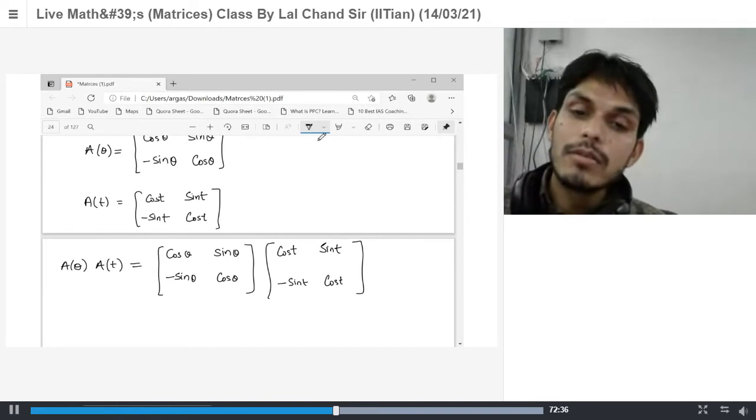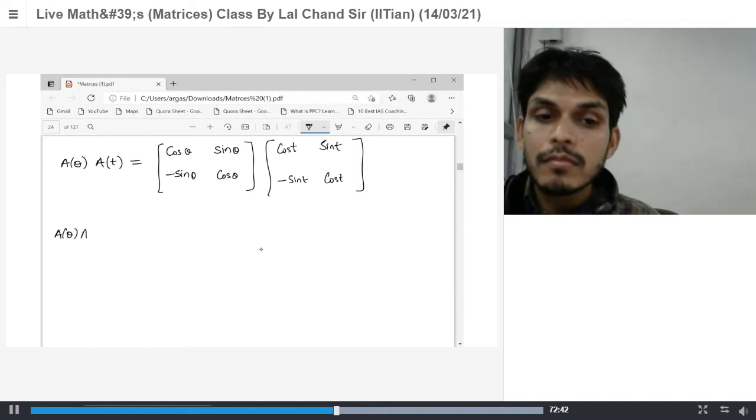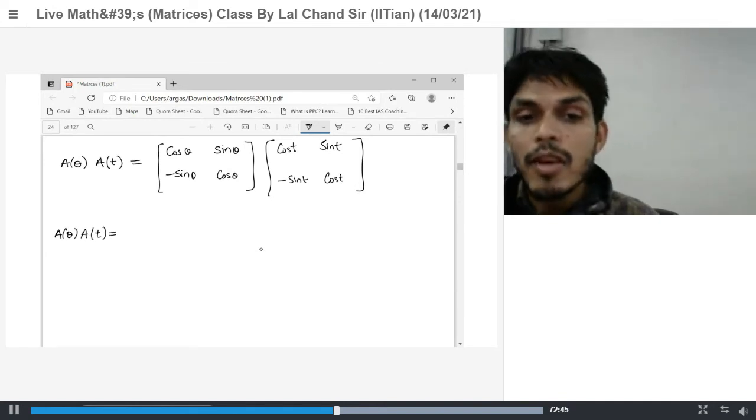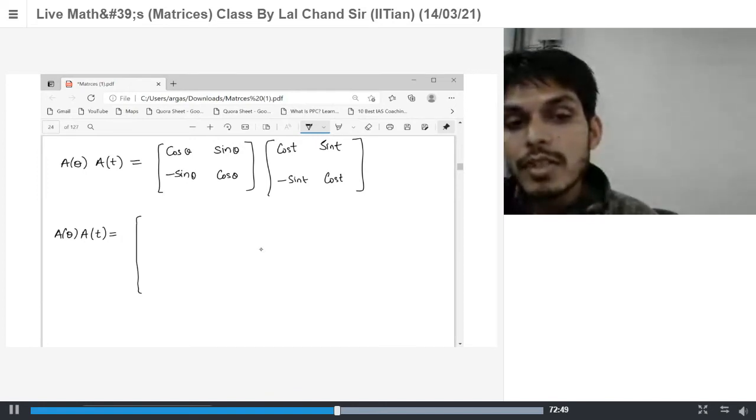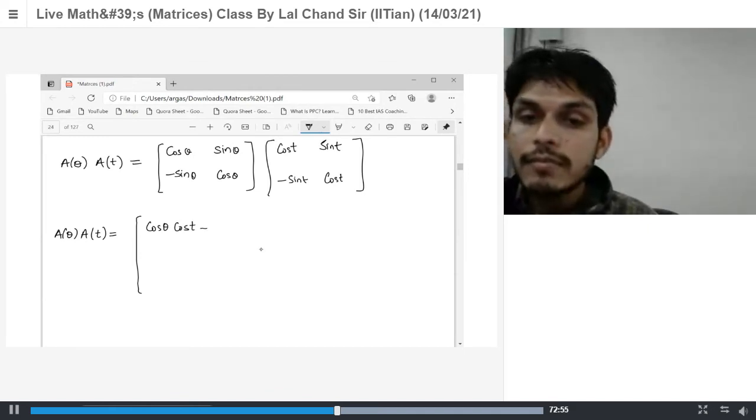Okay, so if I define the product, we have row into column. So cos theta cos t, sin theta sin t.